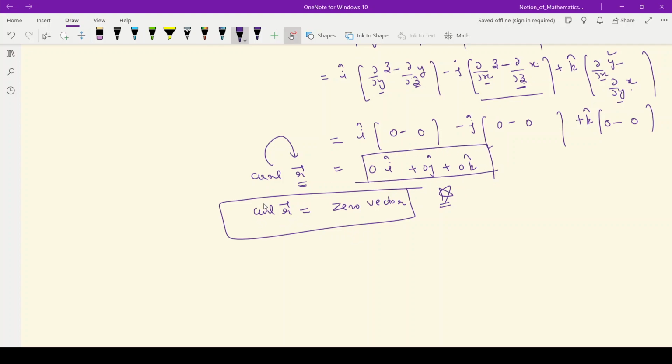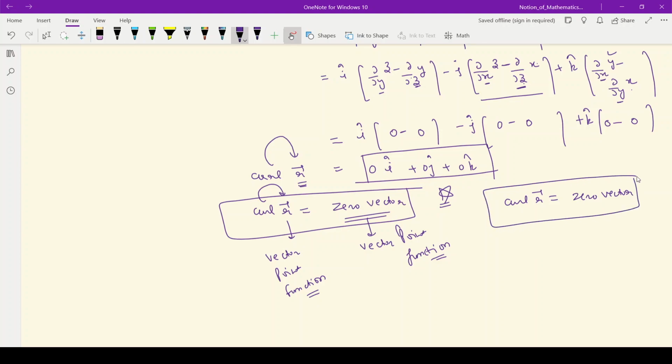That is why when we apply curl upon this position vector, which is a vector point function, the outcome should also be a vector point function. That is why our final answer is that curl of r vector is equal to 0 vector.